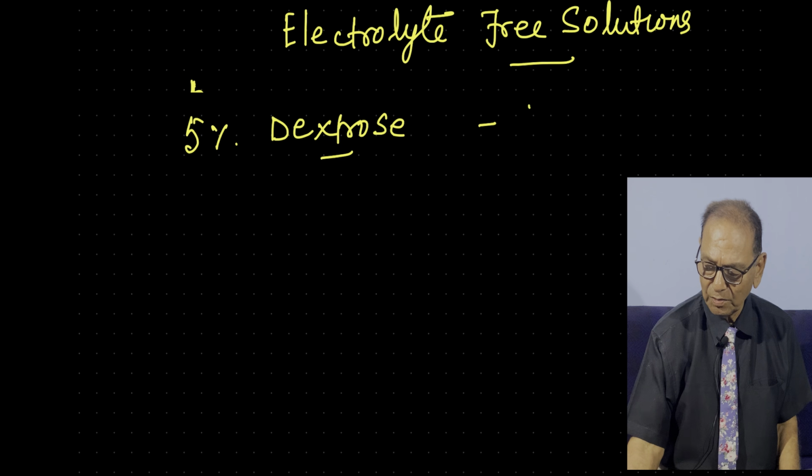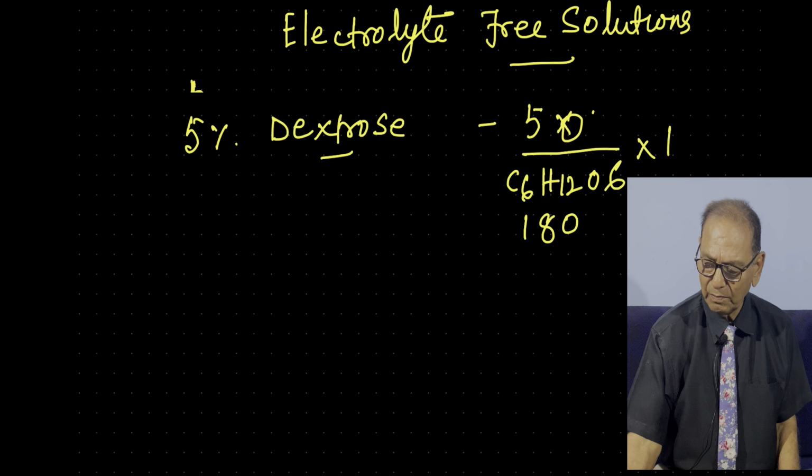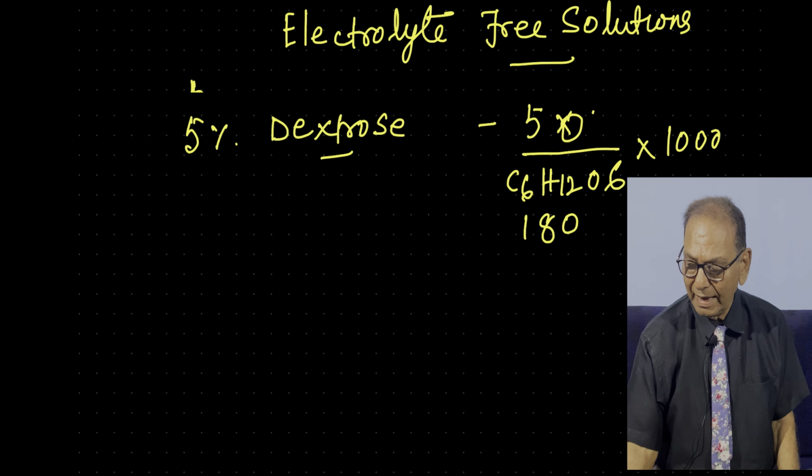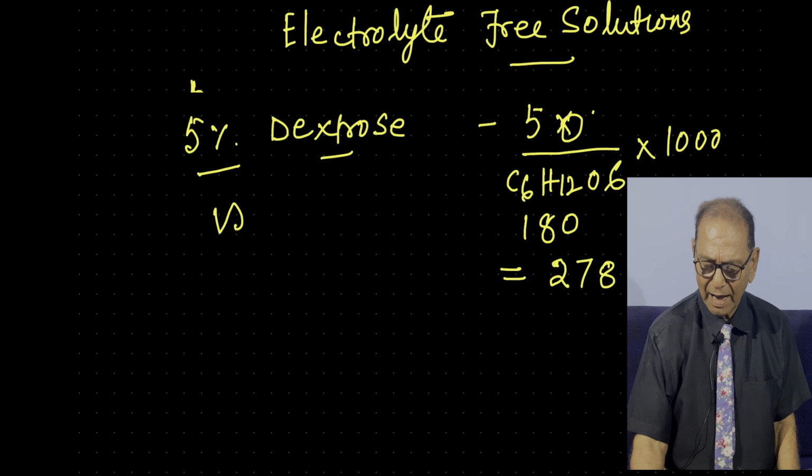A 5% dextrose means 5 grams in 100 cc, so it is 50 grams in a liter, and glucose, C6H12O6, has a gram molecular weight of 180, and we multiply it by 1000 to have it in milliosmoles. Then the 5% dextrose exerts a total osmotic pressure of 278 milliosmoles. So 5% dextrose is an isoosmotic solution.